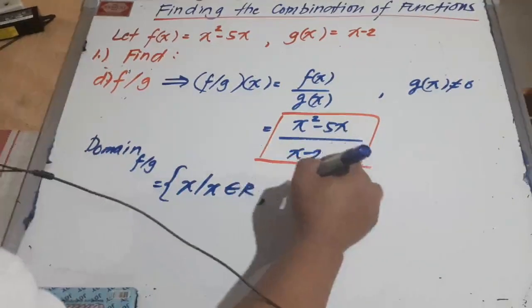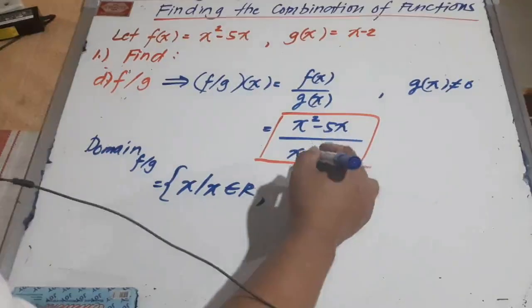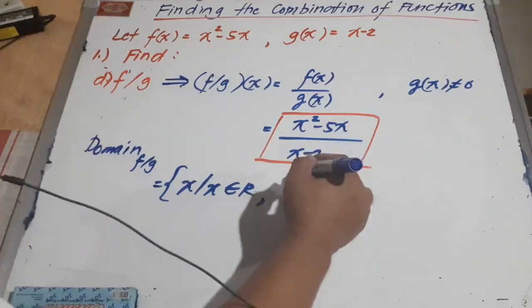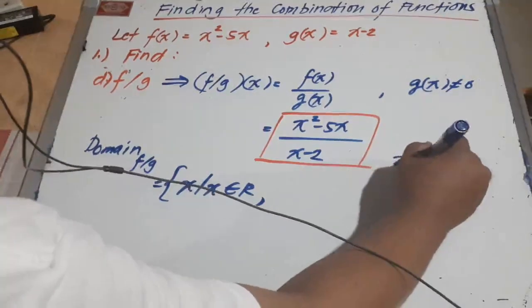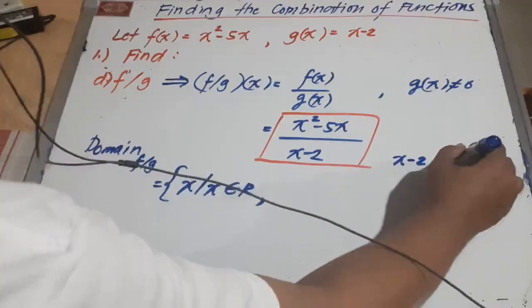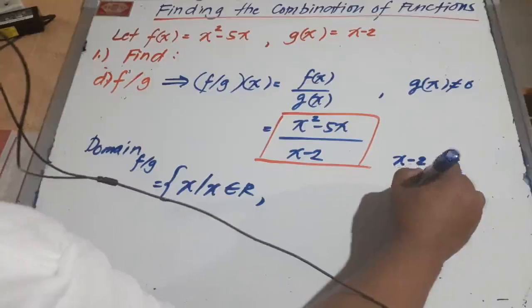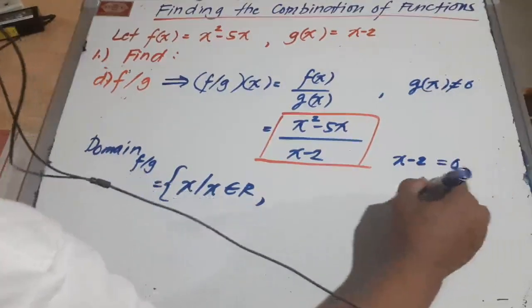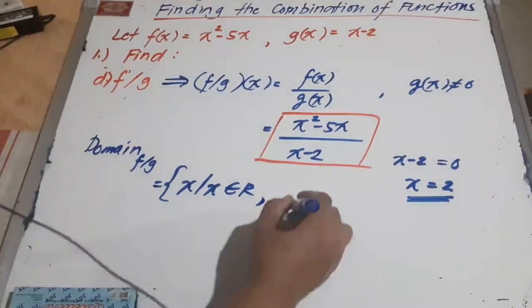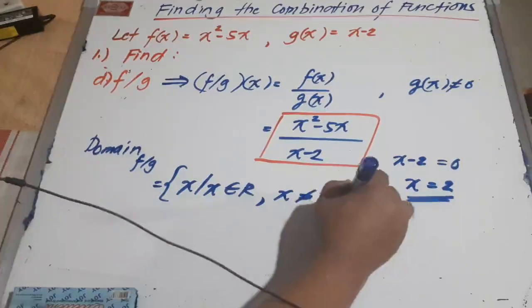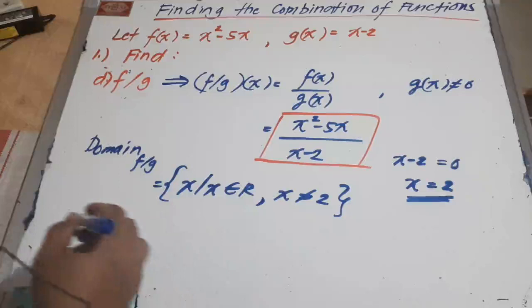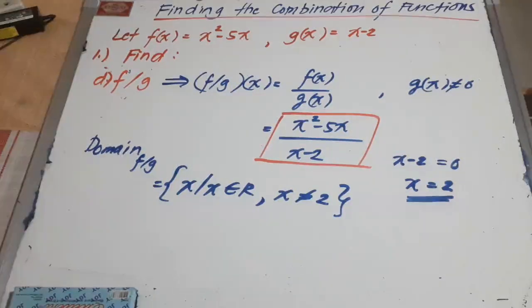And to determine the value or values of x that will make this denominator equal to 0, we just simply solve for x by equating the denominator to 0. So that is x equals 2. So therefore, the restriction is x should not be equal to 2. Okay? Nang hindi niya pwede maging value. Kasi if that happens, magiging 0 yung ating g of x.